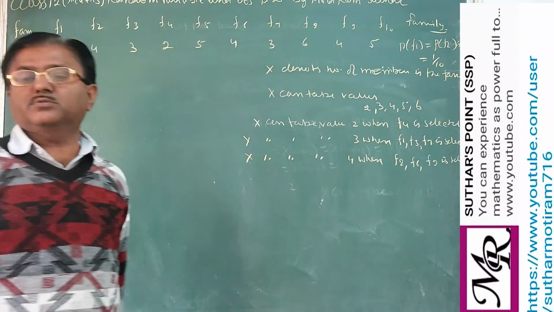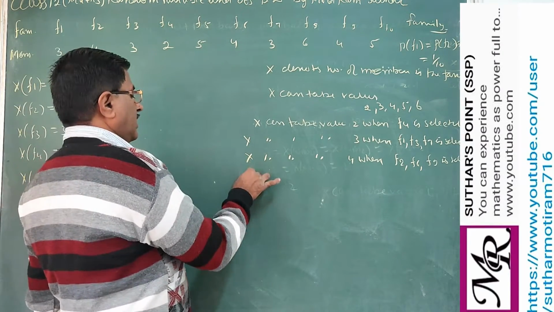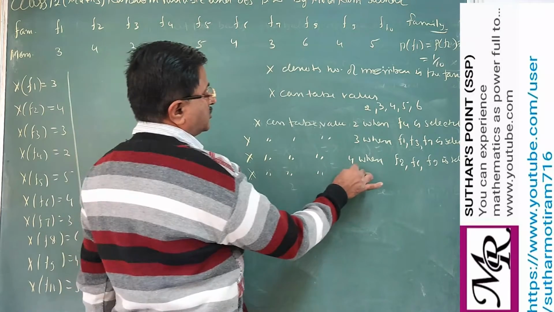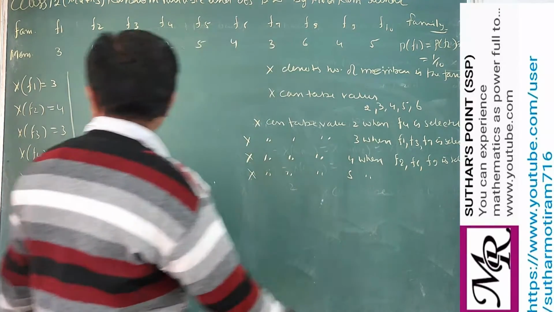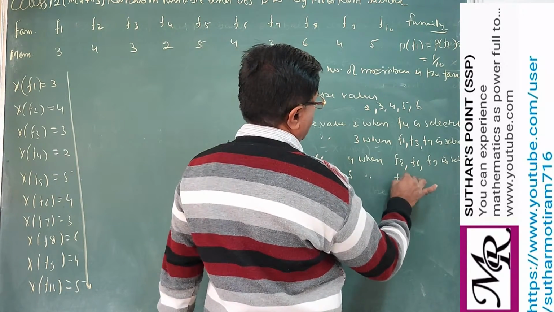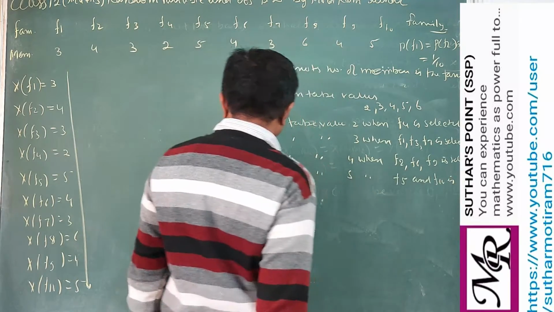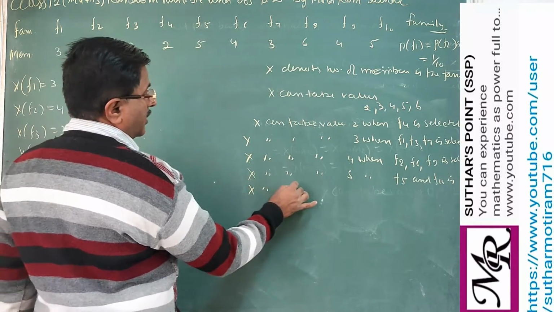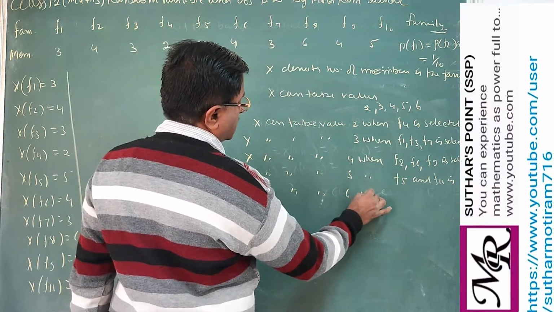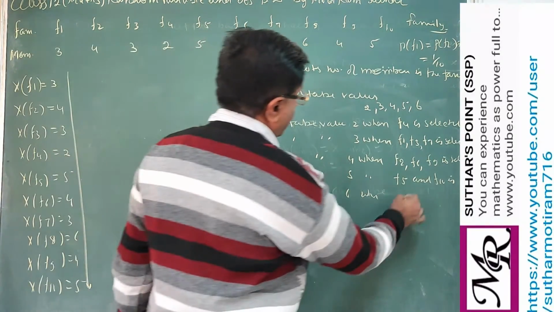When you select these families, the value of X will be 4. Then X can take value 5 when F5 or F10 is selected. Then X can take value 6. Now 6 occurs only once, that is F8.